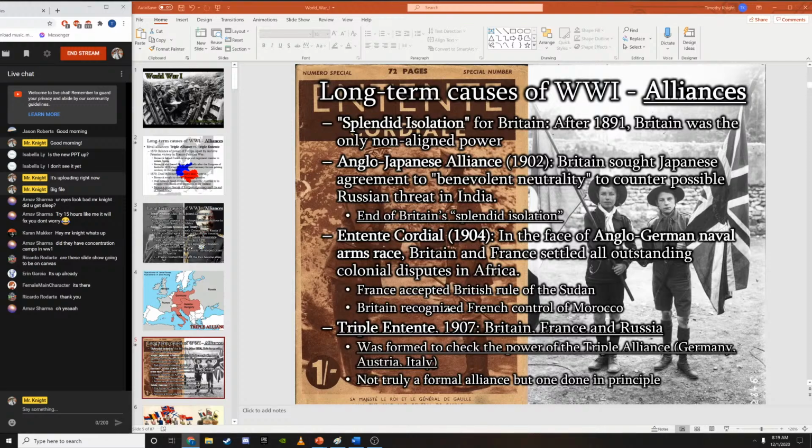The British and the French historically have not gotten along with one another, but in this scenario, they're going to agree to get along with one another and be cordial with one another because they're both concerned about the German Navy buildup that's happening at this time that threatens to put both of them out of existence.